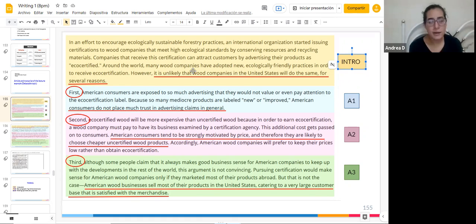So does anybody know what a claim is? Can anyone tell me? Well, a claim is basically a statement. It's an opinion, something that you can say, that you can believe, but you cannot really prove.